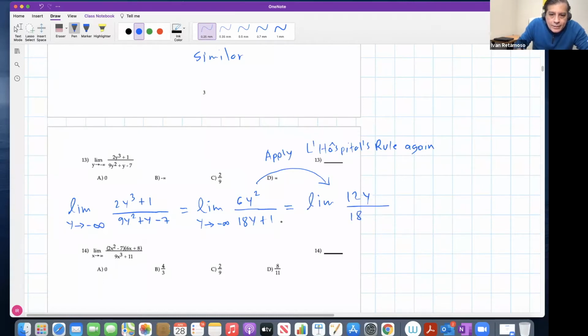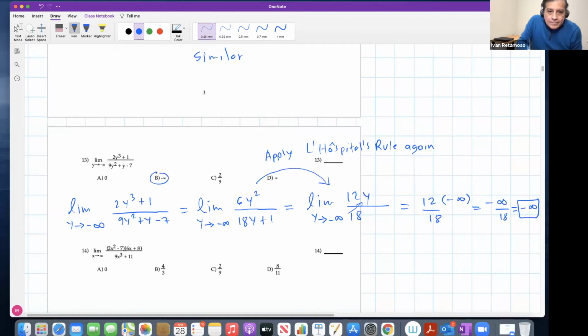Nothing here because the derivative of 1 is 0. And this is a limit as y approaches negative infinity. Now it's better, because if you substitute negative infinity here, you get 12 times negative infinity over 18, and negative infinity divided by 18 is still negative infinity. Great. Very good. That's for 13.